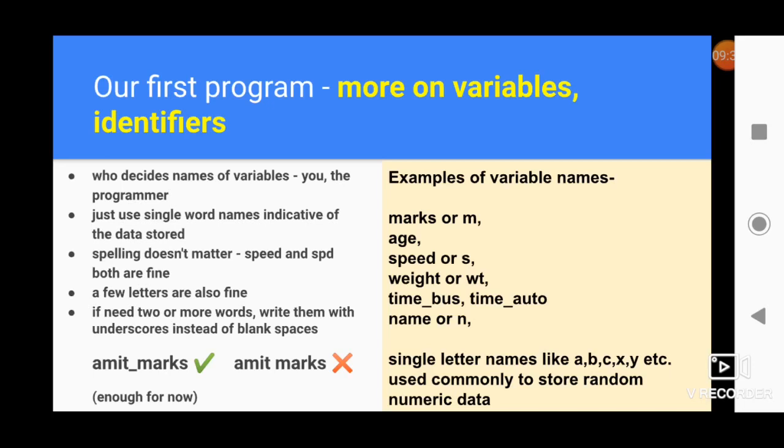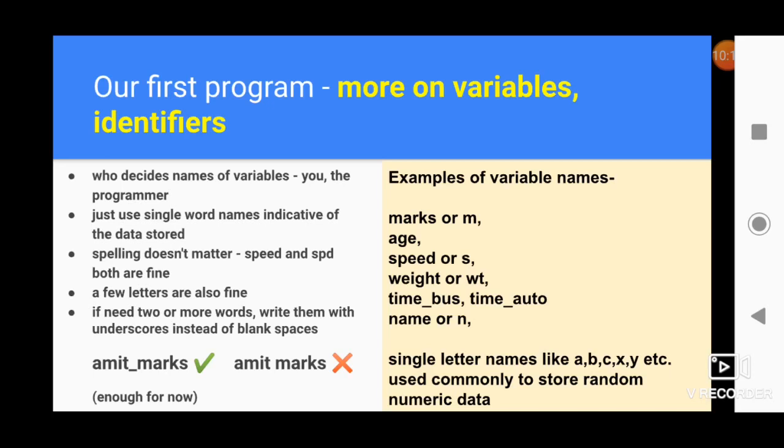In this case you have to write Amit underscore marks. That will be a valid identifier, but if you write Amit space marks, then it will be wrong. It won't be understood as a single identifier. So remember that whenever you have to use two or more words for the identifier of a variable, you must use the underscore symbol to separate the words.